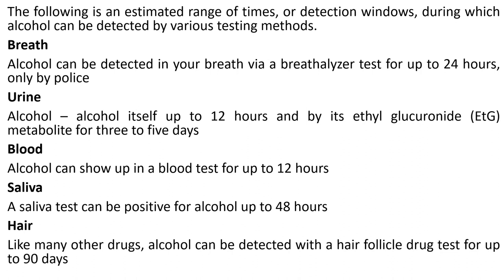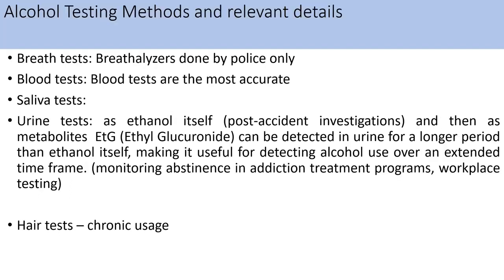Blood alcohol shows up to 12 hours. Saliva may show up to 48 hours. And hair: like many other drugs, alcohol can be detected with a hair follicle drug test for up to 90 days. As you can understand now, the testing method will vary depending on the situation.